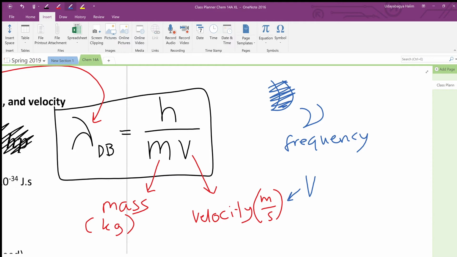Yeah, it's a minute difference, but they do mean very different things. If you see the V with a little squiggle on the top, that's frequency. And if you see V without a squiggle, then that's velocity. I just want to highlight that because the symbols are so similar.